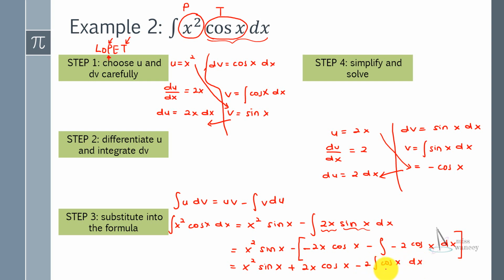Now this one we can actually solve using the basic rule. So this is x squared sine of x plus 2x cos of x minus 2 sine of x, and of course plus c.